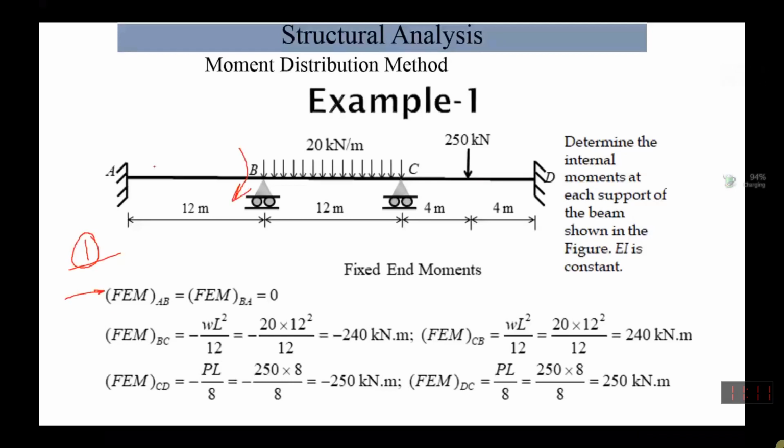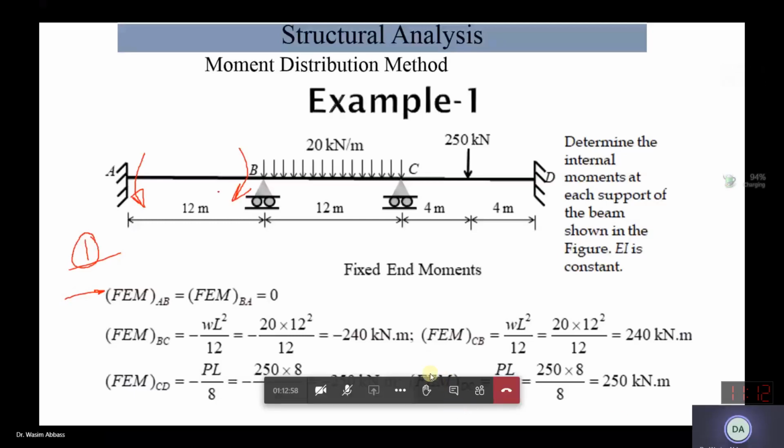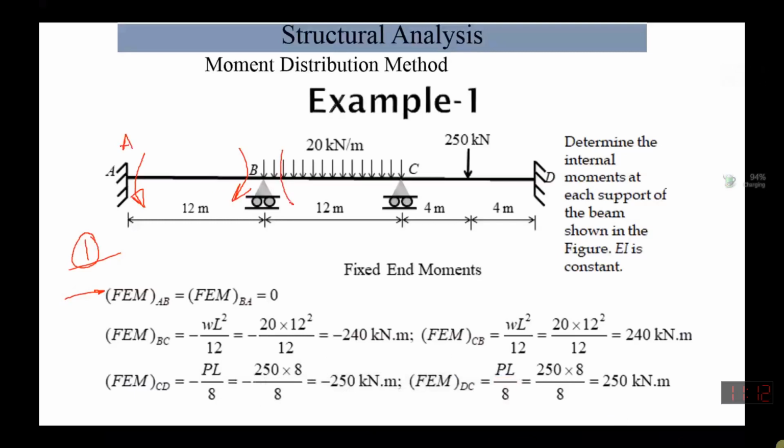Anybody who can answer? What will be the fixed end moments within this span AB? Sir, 0. Why? Sir, there is no load. No load is applied. So in this span, one moment over here, one moment over here, and in this span also one moment over here and one moment over here.